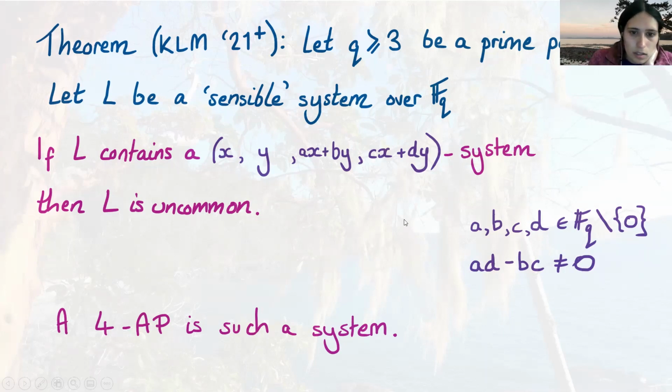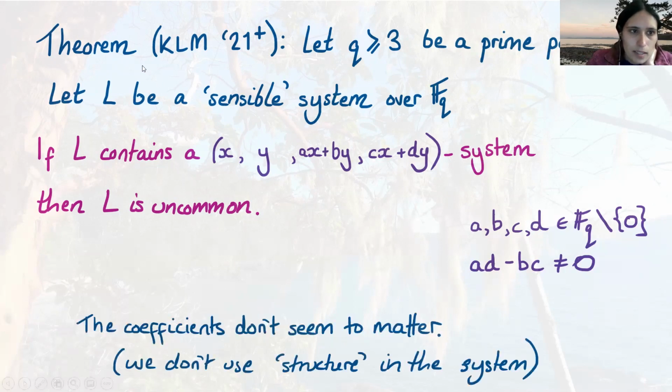Why is this interesting? Well, we think it's nice because we've answered this question of Saad and Wolf about the 4-term arithmetic progression, but the fact that this much more general thing is true suggests that it wasn't some specific geometric structure inside the 4-term arithmetic progression that was causing it to be uncommon.